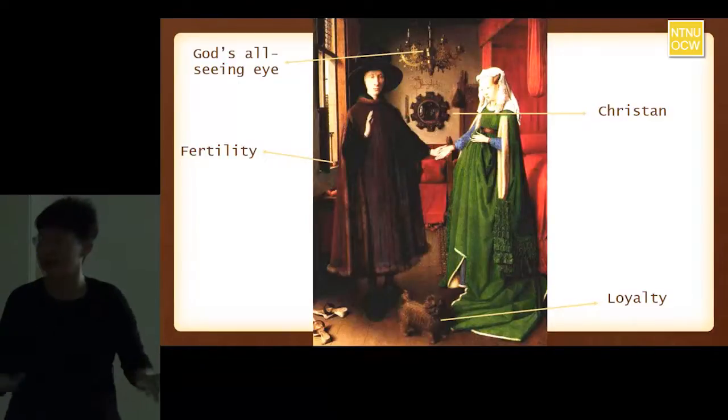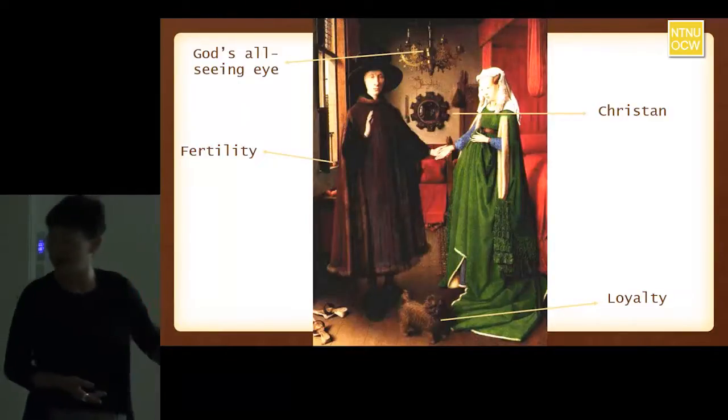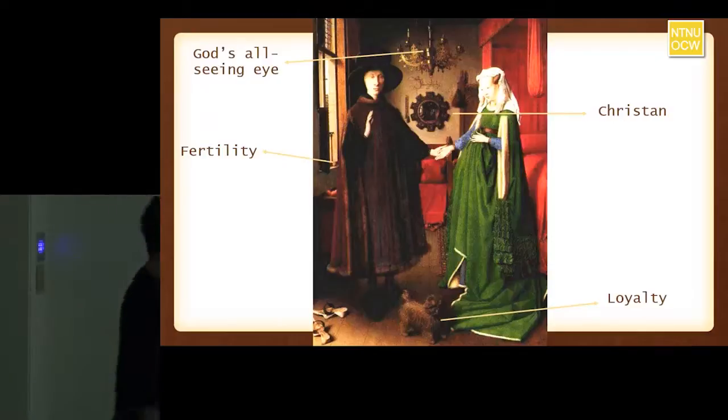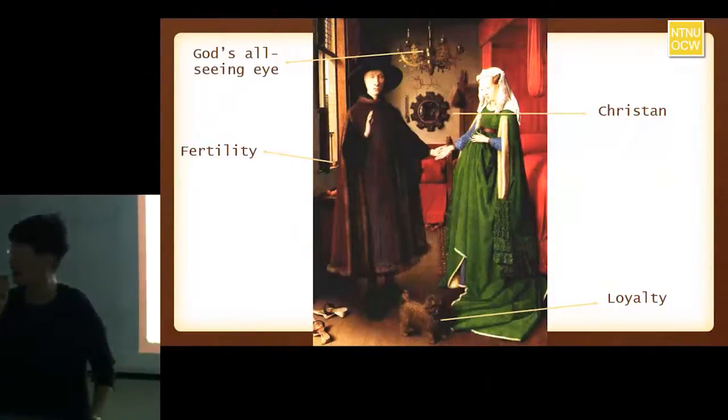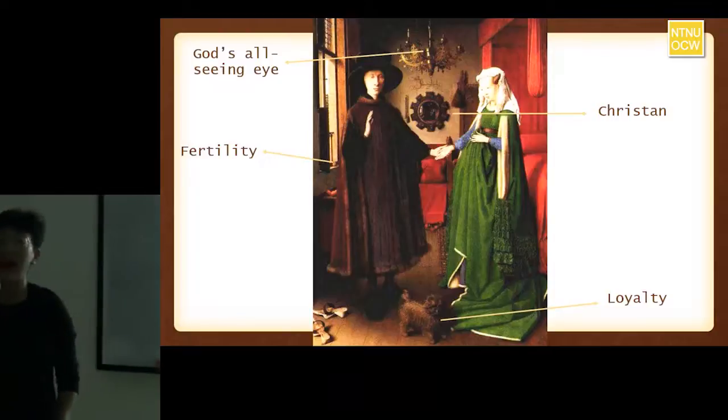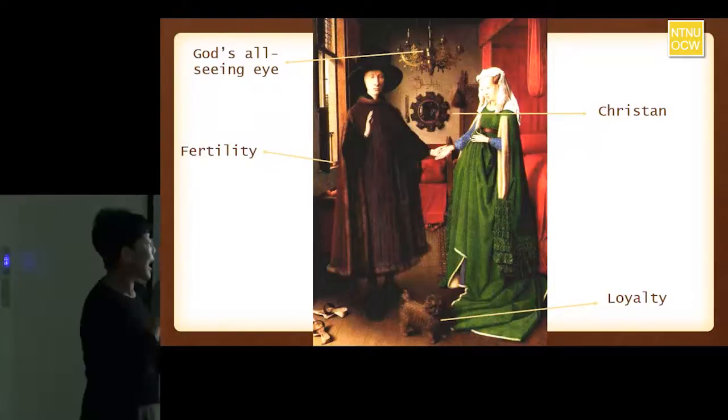That's one way to say it, okay? What's really important is that the candle on the chandelier symbolizes the all-seeing eye of God. And what else?